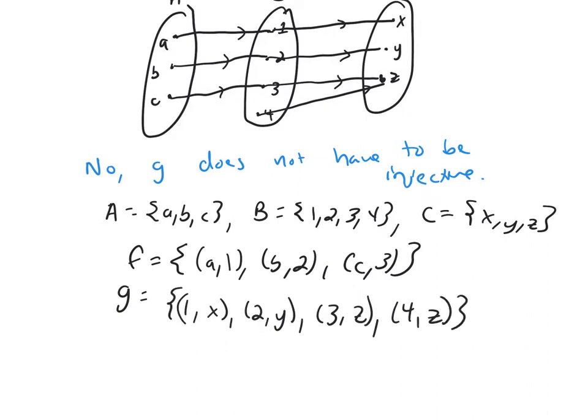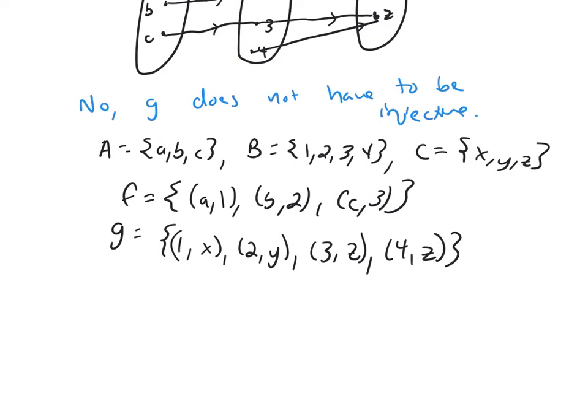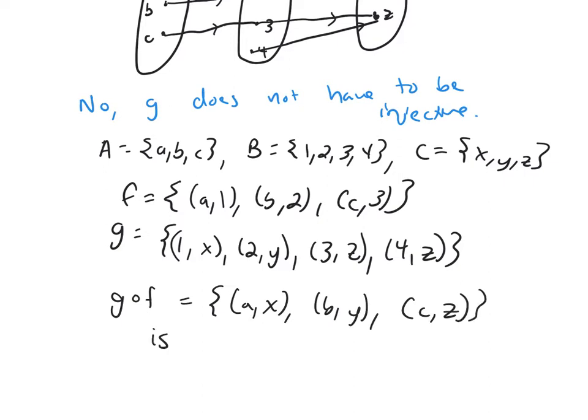And so then I look at the composition, g composed with f: a goes to X, b goes to Y, and c goes to Z. This composition is injective.